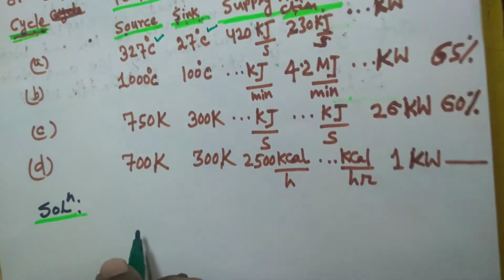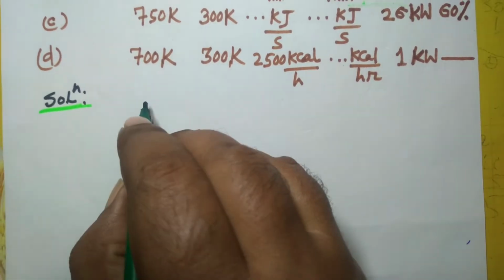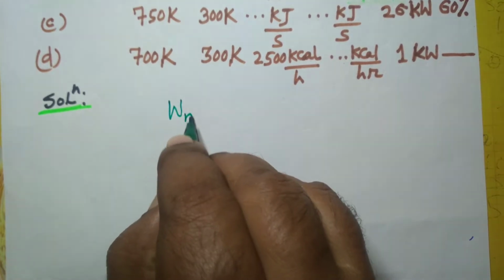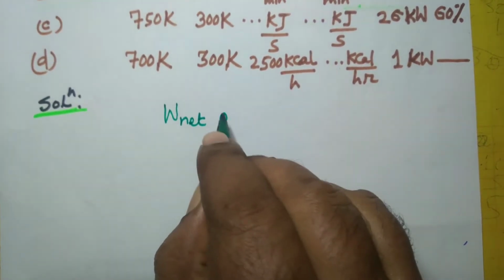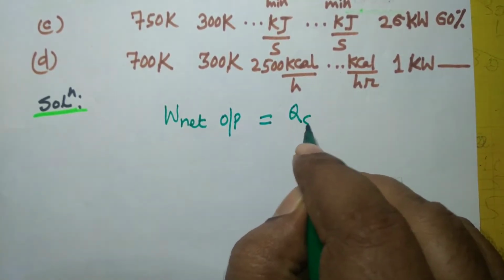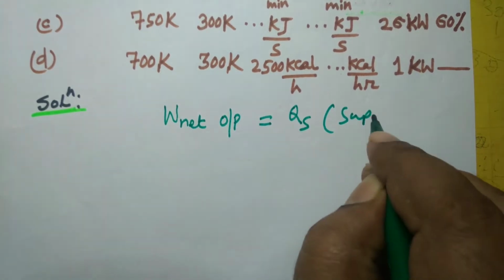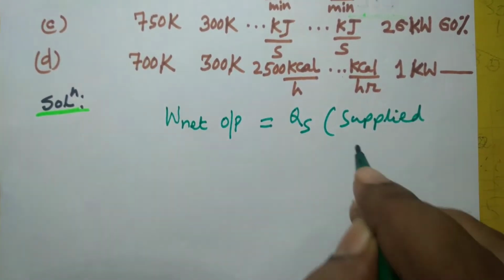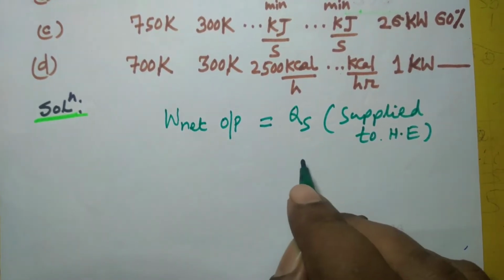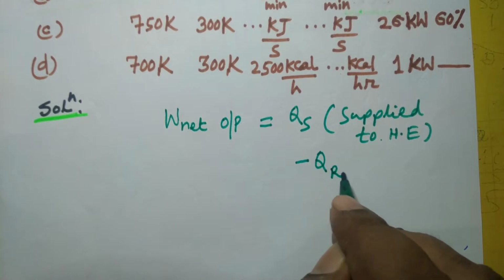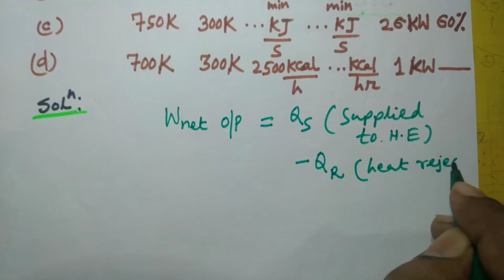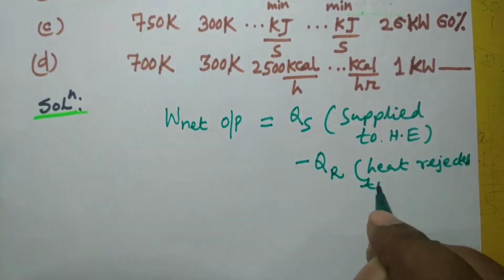For any heat engine cycle, according to the principle of energy conservation or the first law of thermodynamics, the net work output of any heat engine cycle is nothing but the heat supplied to the heat engine from the source, minus QR, that is heat rejected to the sink.